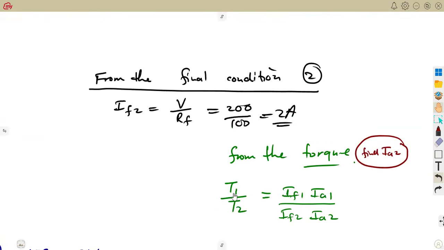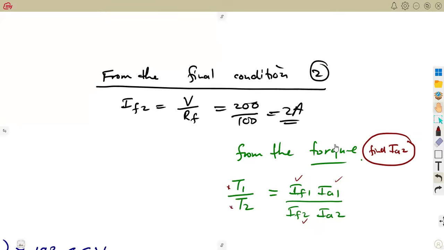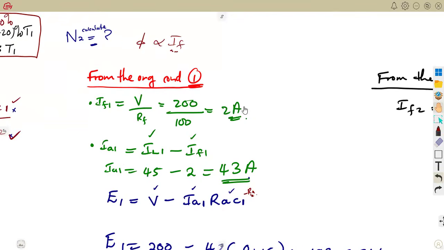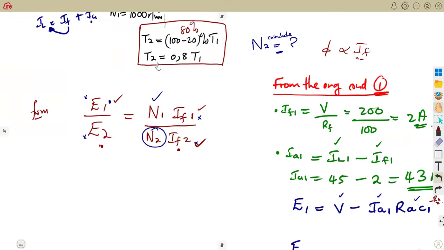So the relationship of T1 and T2 is the one that you are given. These ones, we calculated them. Remember, these ones we have, armature current. This one is taken from the relationship. The given relationship is that T2 is equal to 0.8 of T1.